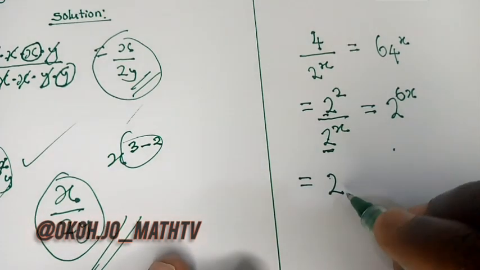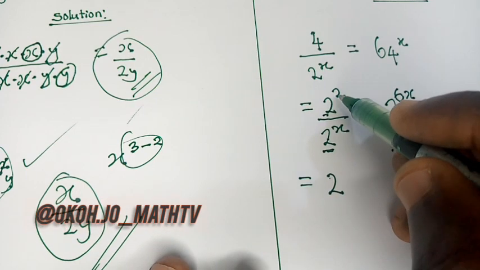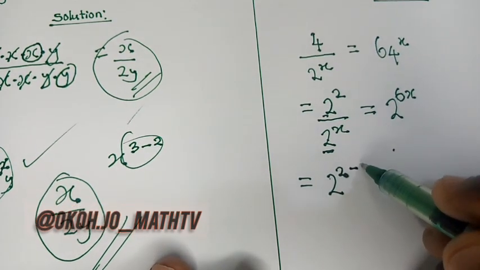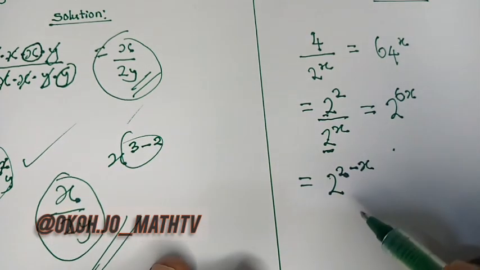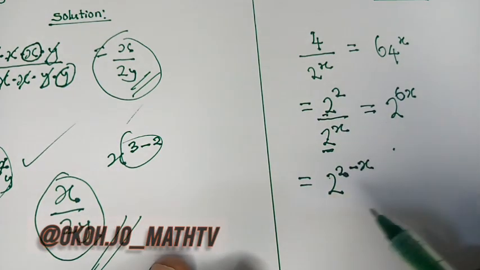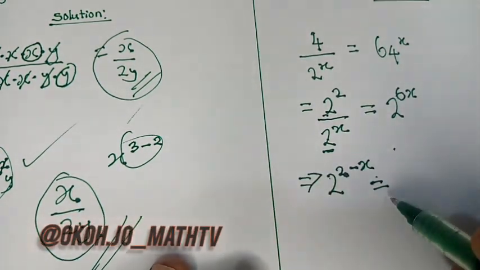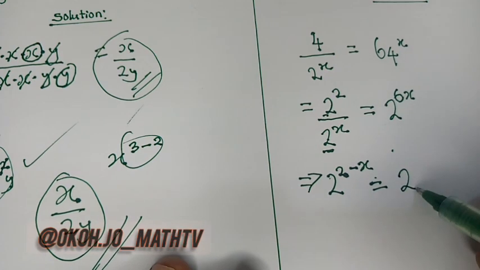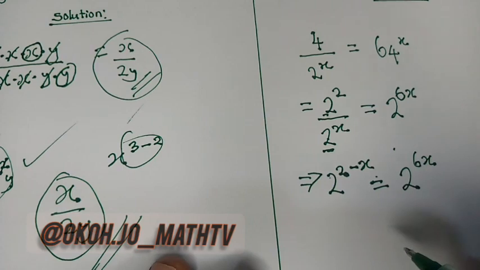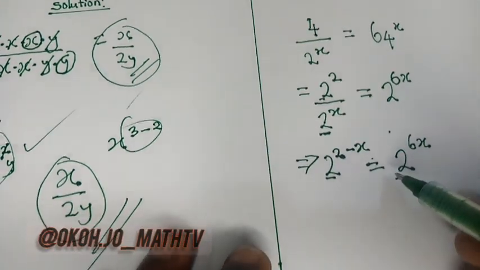Is that clear? 2 raised to power this very 2 as the exponent, then minus x, this x, because that is the law. We have the same base, pick one and subtract the power. So this implies that this is equal to 2 raised to power 6x. Is that okay?